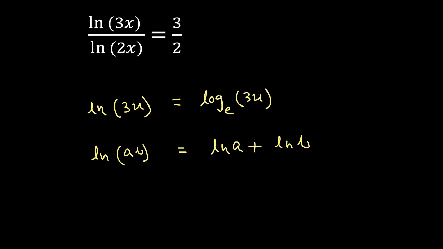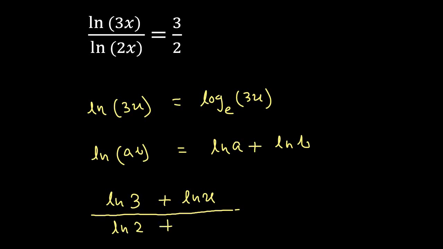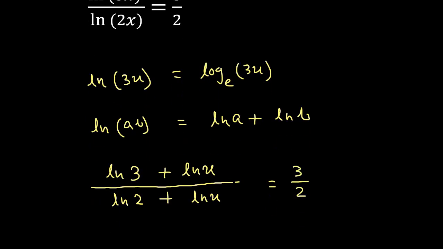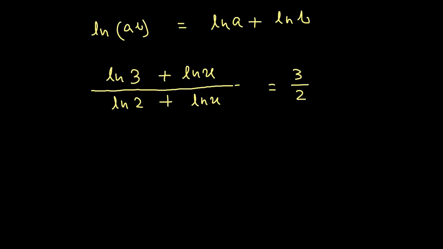So from the left side of the equation, ln 3x can be written as ln 3 plus ln x by ln 2 plus ln x equals 3 by 2. So we have applied the multiplication rule.